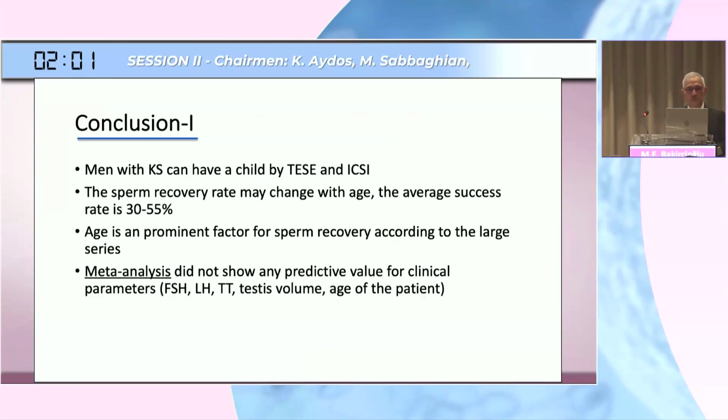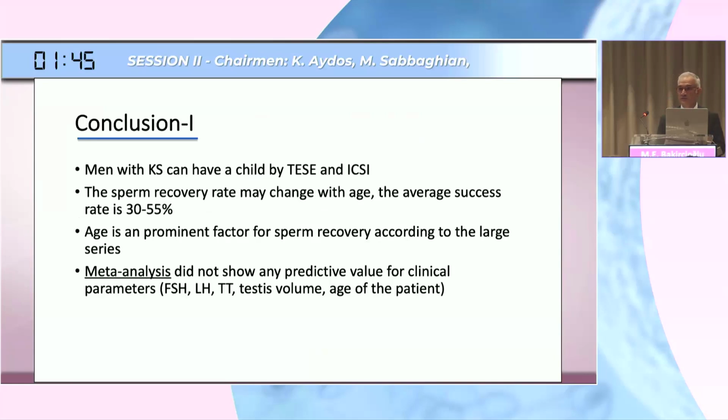So the conclusion: men with Klinefelter's can have a child by TESE, micro-TESE and ICSI. The sperm recovery rate may change with age. The average success rate is 30 to 55%.